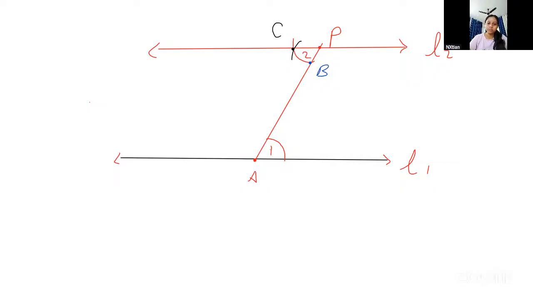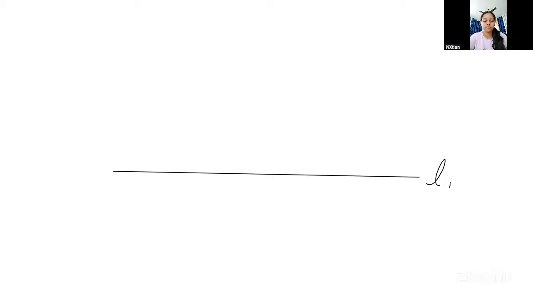Make a line L1. Follow the same method. Mark a point A here. Now mark a point P outside.